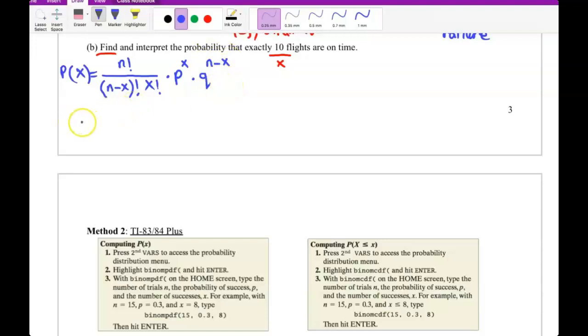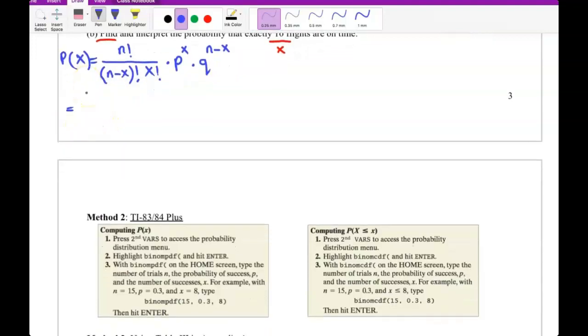Okay, so that is equal to, with n as 15, on top 15 factorial divided by 15 minus x, which is 10, factorial times x factorial.